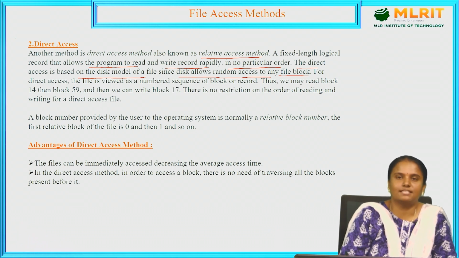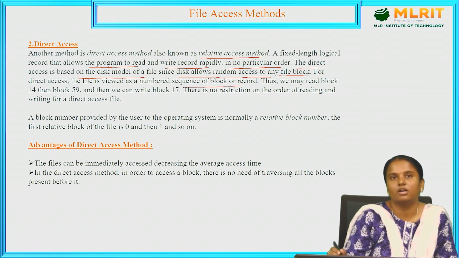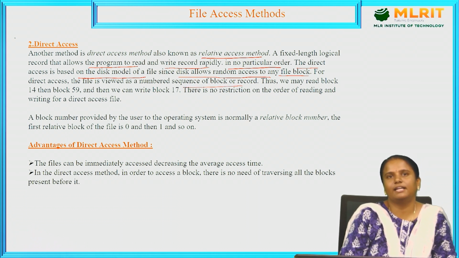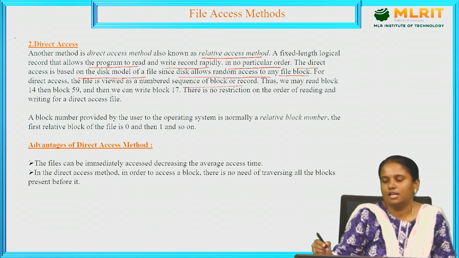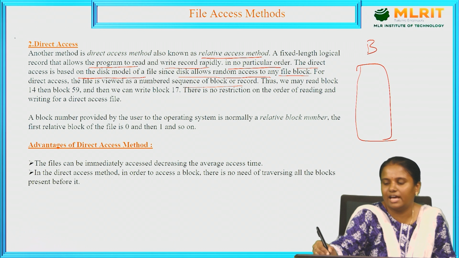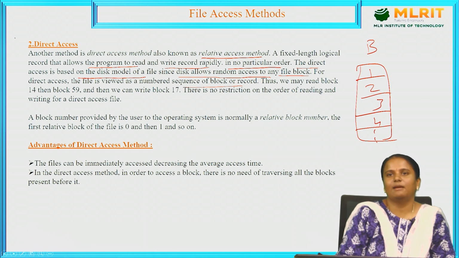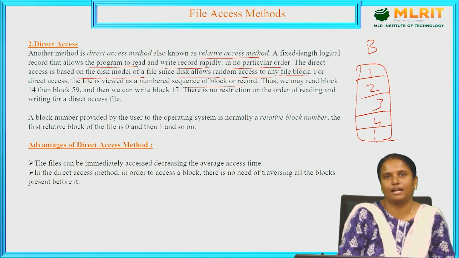For direct access, the file is viewed as a numbered sequence of blocks or records. Suppose we are finding some files. In a folder, I am placing some files with the numbers 1, 2, 3, 4 and so on. Some files are placed in random or zigzag order also. Whatever file I want to find can be found directly using the direct access method.